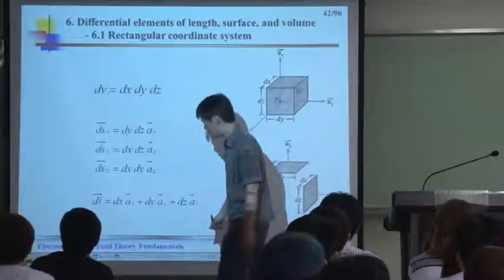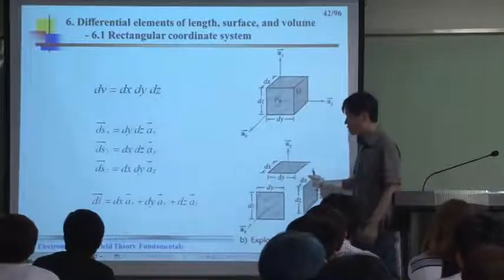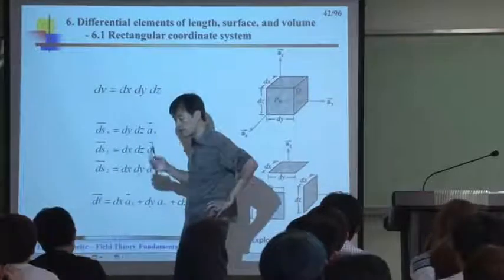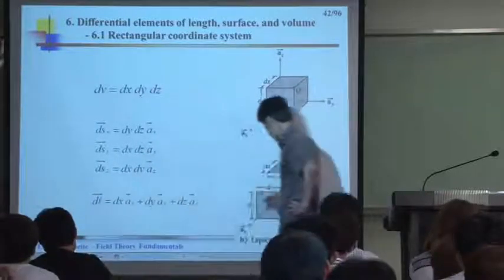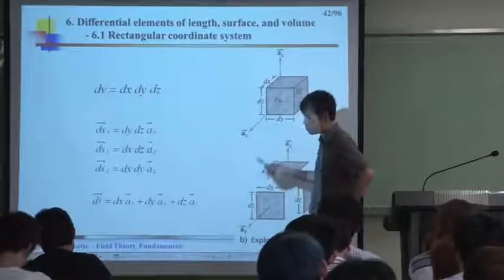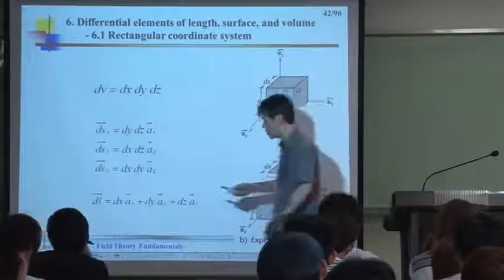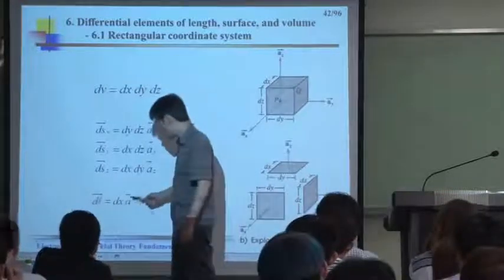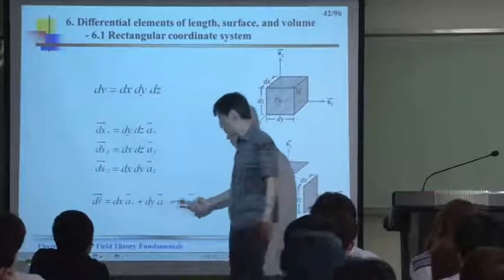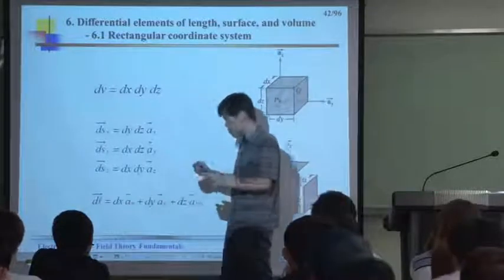Okay. And in case of the length component, the length also may have three different lengths. So the x direction, y direction, and z direction, or more generally, they could be combined partially. So the x component is represented by dx, y component dy, z component dz, and each component has a direction.